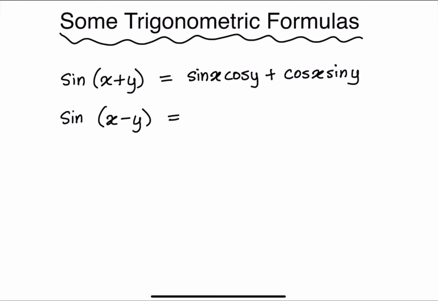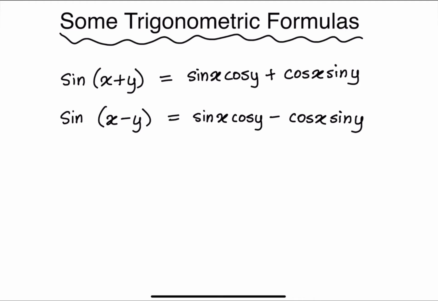So it's pretty obvious that the answer is going to be the same thing, but instead of a plus sign, we're going to have a minus sign, which is exactly what I'm writing down here. So again, both of these are the same except they have the difference of their signs.